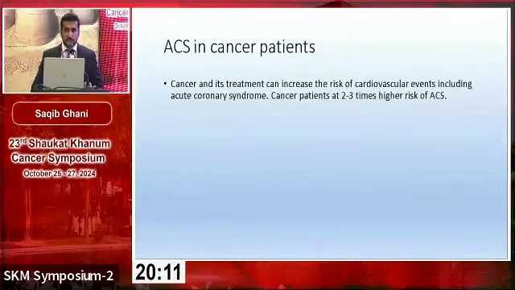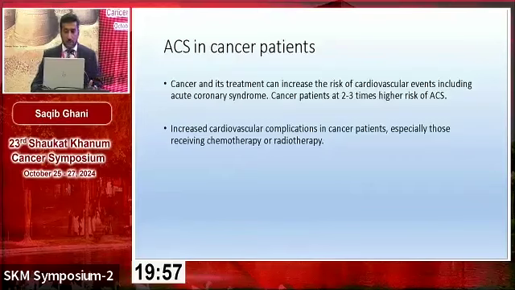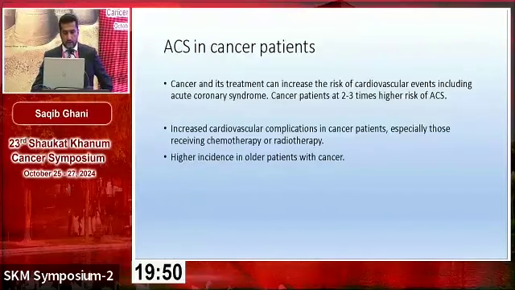Firstly, cancer and its treatment can itself increase the risk of cardiovascular events, including acute coronary syndrome, and cancer patients are on average 2 to 3 times more likely to suffer cardiac events. That's a known fact. There is increased cardiovascular complications in cancer patients, especially those who are receiving chemotherapy or radiotherapy, and higher incidence in older patients.